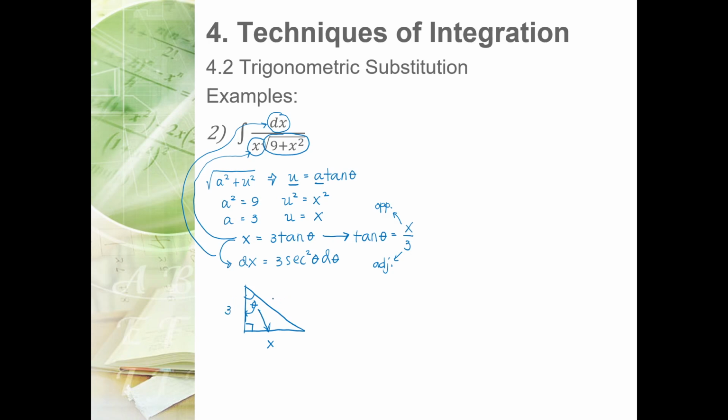So 3. Again, as per Pythagorean Theorem, the hypotenuse is the square root of the sum of the squares of the sides, di ba? So meaning the hypotenuse is the square root of 9 plus x squared.